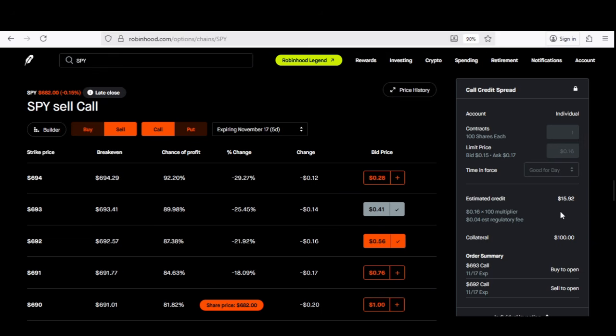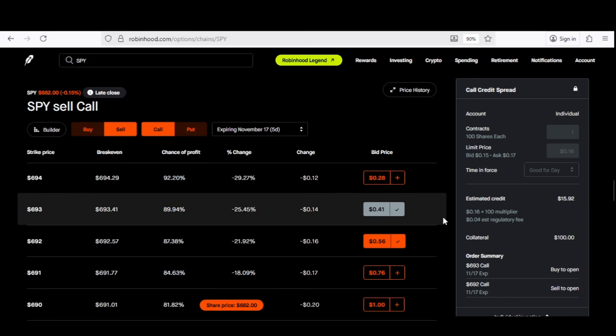Remember, we did say that's yours to keep no matter how the trade goes. But now your $100 of collateral that you left is released back to you. And if you so choose, you could do three things. You could rinse this option strategy. You could repeat this option strategy and keep locking in your investment gains. Your investment gains, in this case, is going to be the $16 or whatever credit you receive.